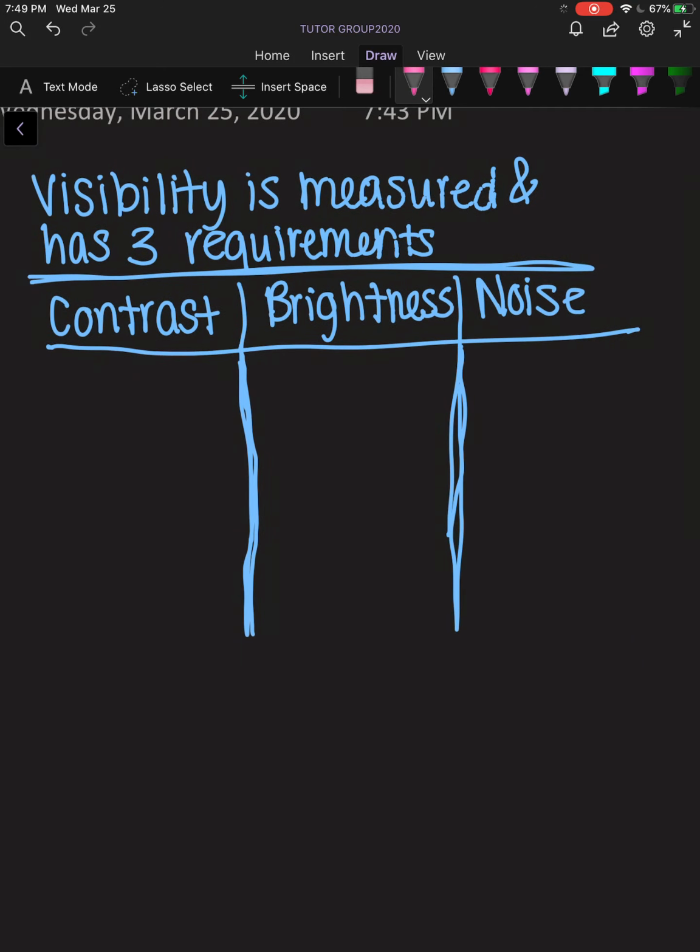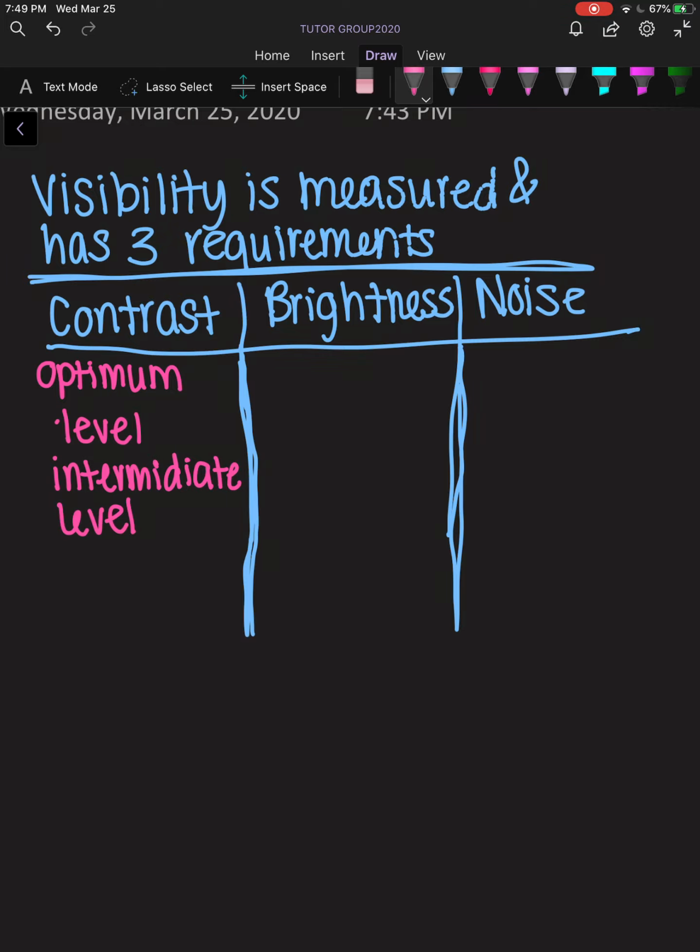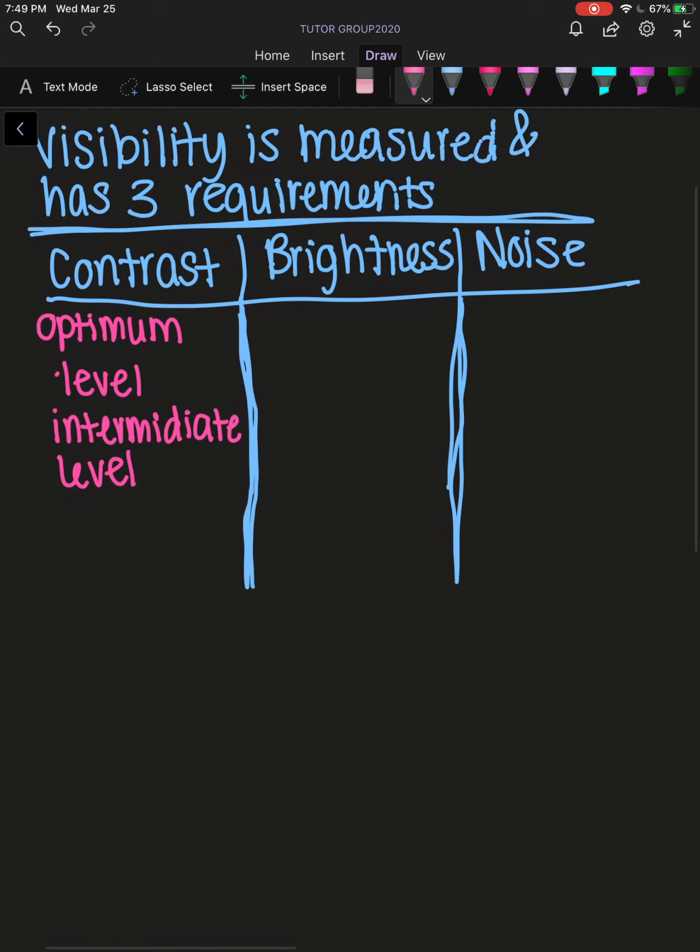Contrast, you're going to want an optimum level, which is your intermediate level. I'm sorry if I'm not spelling words right, but in that intermediate level, that's your sweet spot, the middle. You don't want too much, you don't want not enough.